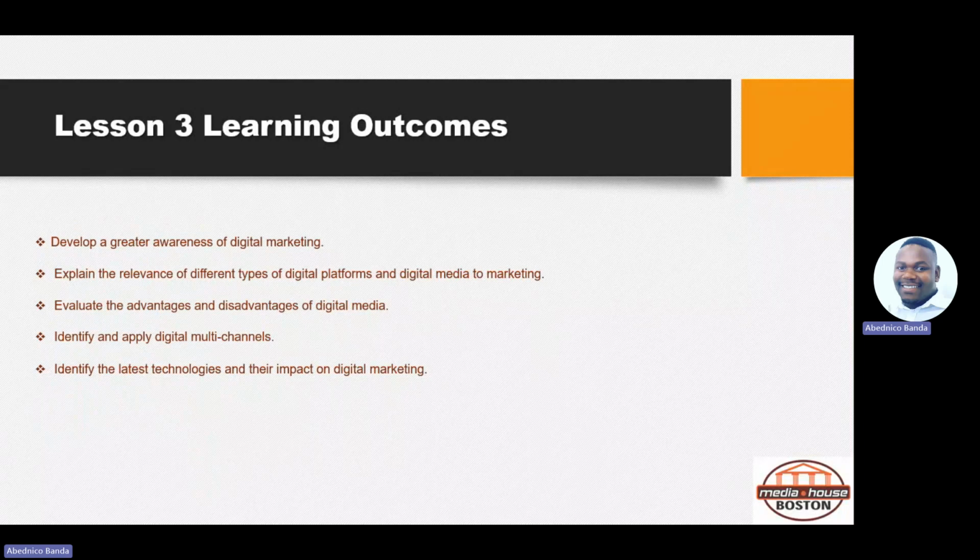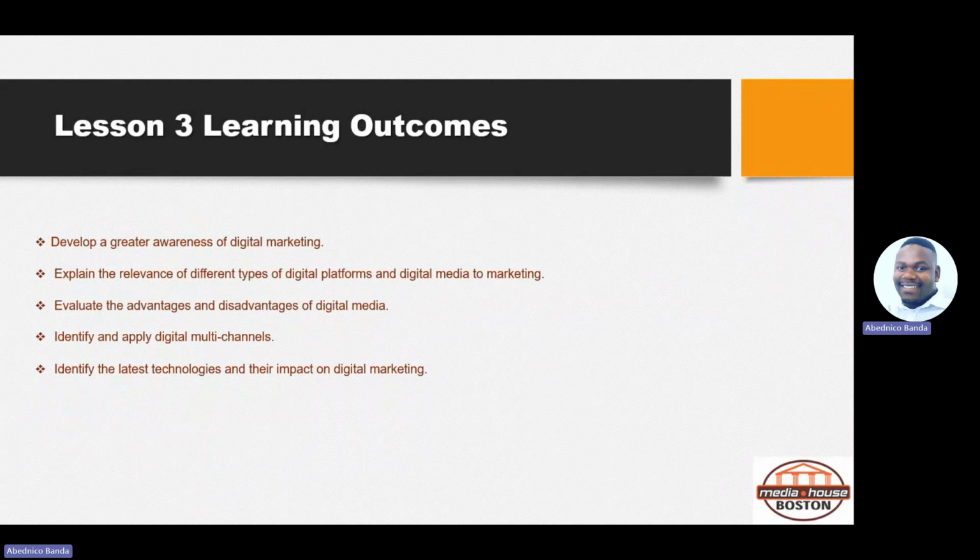As a result, we are going to have a look at 3 types of digital media. I want you to be able to evaluate the advantages and disadvantages of digital media, identify and apply digital multi-channels, and lastly, identify the latest technologies and their impact on digital marketing.